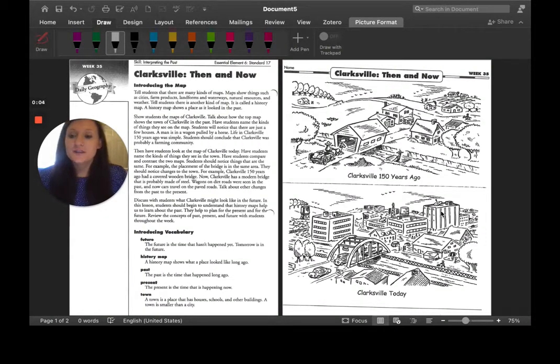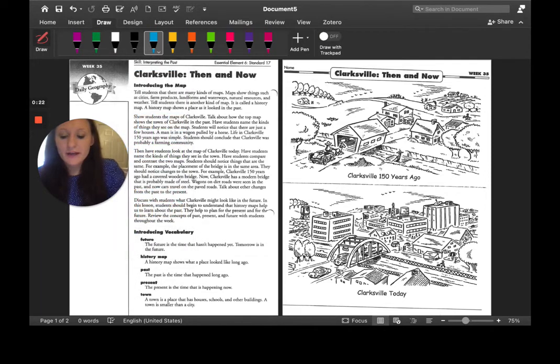Today for social studies, we are going to be looking at a map of Clarksville then and now. To start off our lesson, let's remember that there are many kinds of maps out there. Maps show things such as cities, farm products, landforms and waterways, natural resources, and also weather.